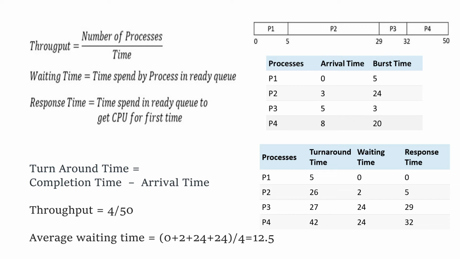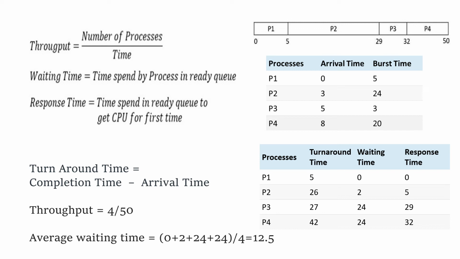For turnaround time calculation, it is the completion time minus the arrival time. The completion time we can get from the Gantt chart. For P1 it is 5 minus the arrival time, which is 0, so 5 minus 0 is 5.